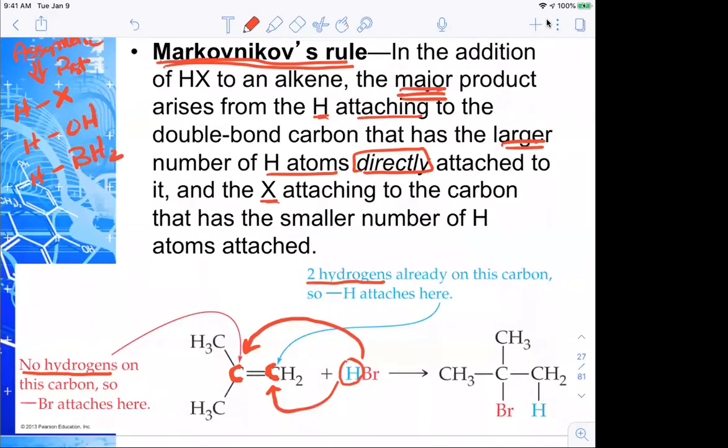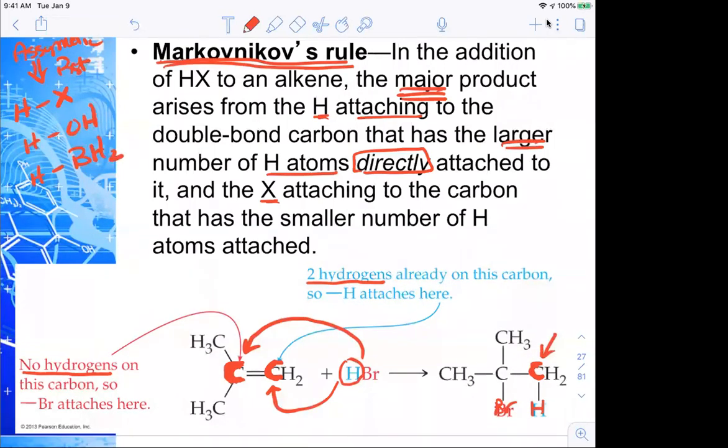This carbon is this carbon, and this ends up with the hydrogen. The other carbon, which is this carbon, ends up with the bromine. So the hydrogen attaches to the carbon that has the most hydrogens in the starting material.